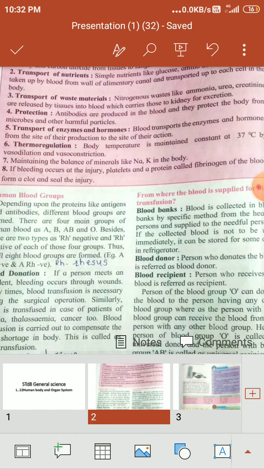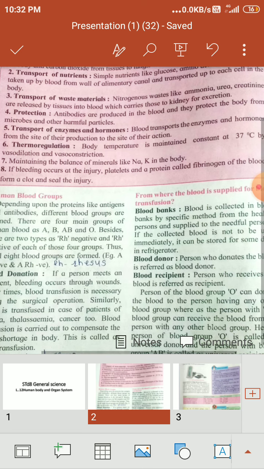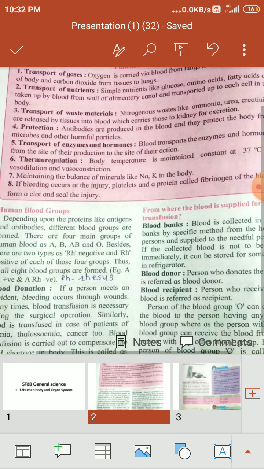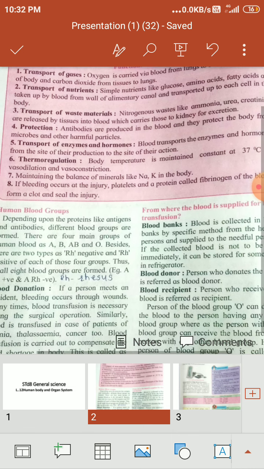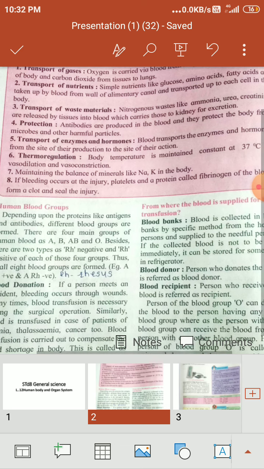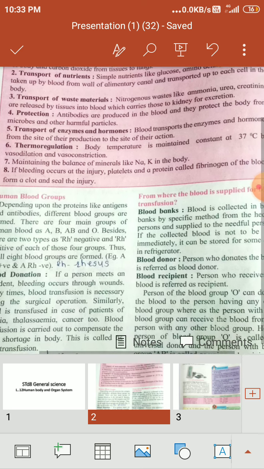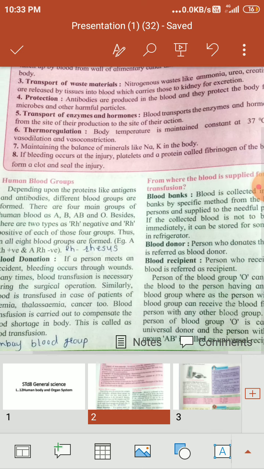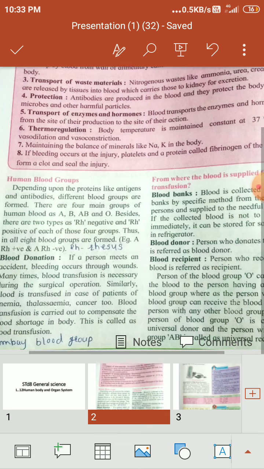For example, A Rh positive, A Rh negative, B Rh positive, B Rh negative, AB Rh positive, AB Rh negative, and O. That means there are 8 groups in total. Rh stands for rhesus; I have written rhesus here.